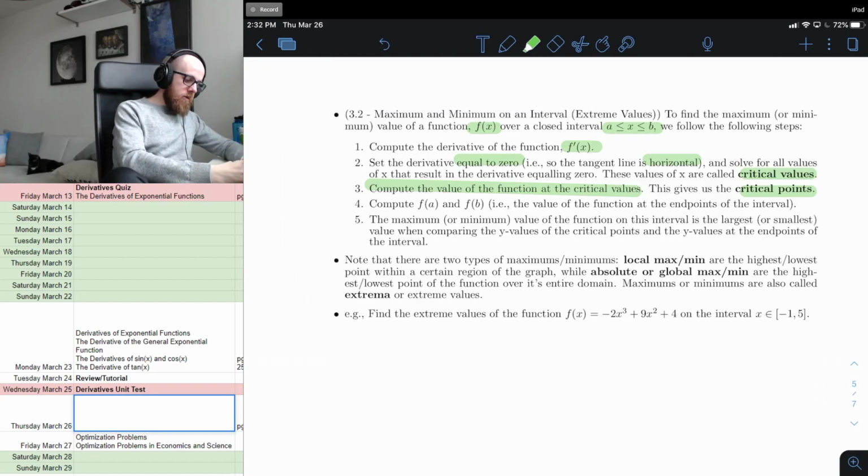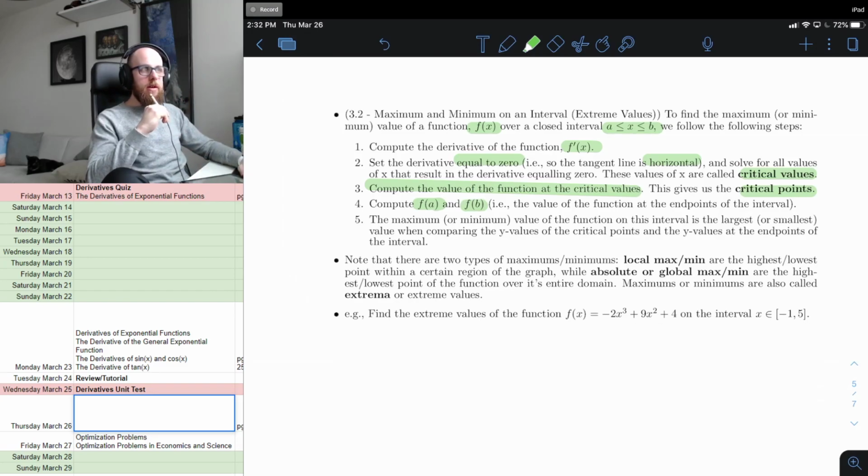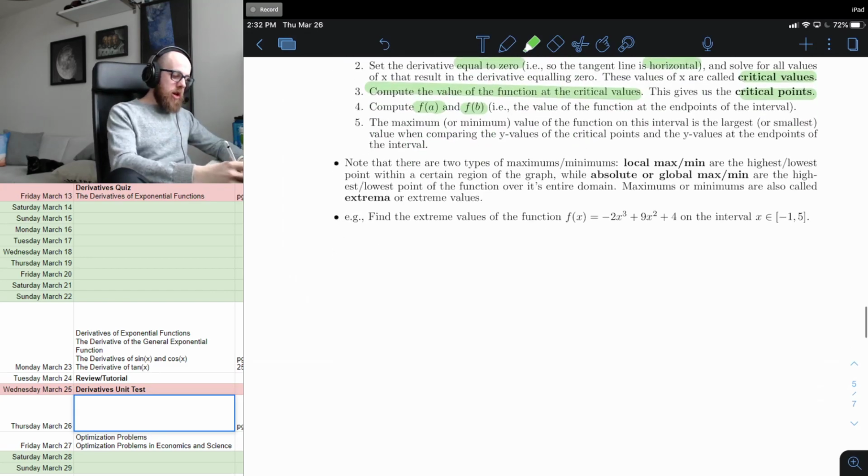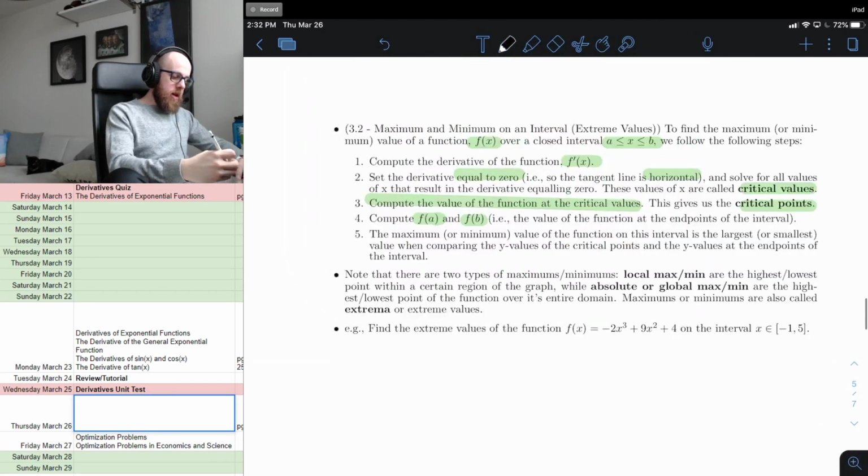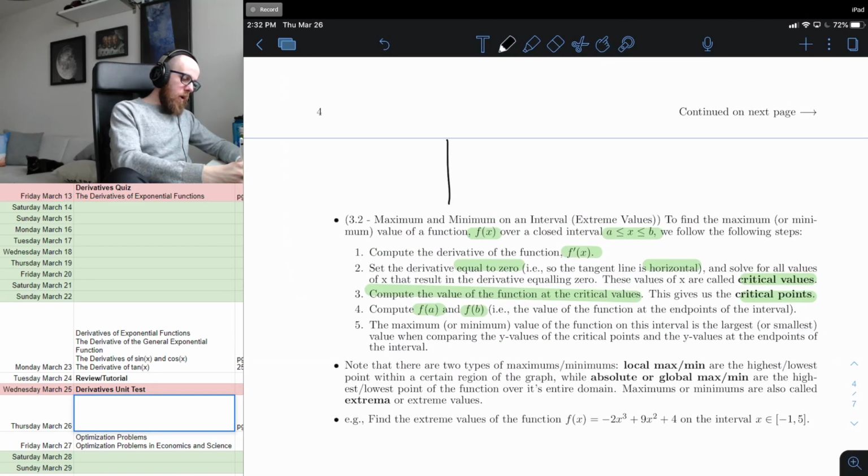Lastly, we are going to compute the value of the function f at a and f at b, because when we have a function, I'm just going to draw a quick little sketch here. When we have a function over an interval, say between a and b, we might have a point like that, and it comes down like this, and then it ends up like this.